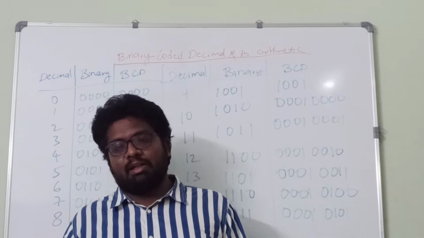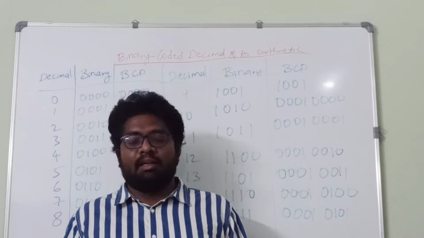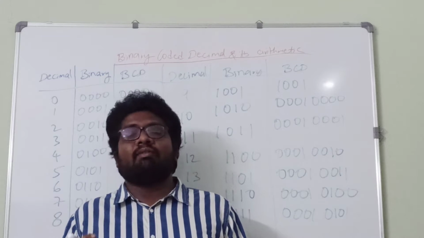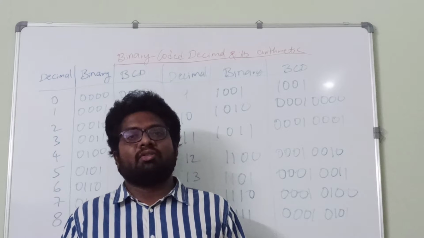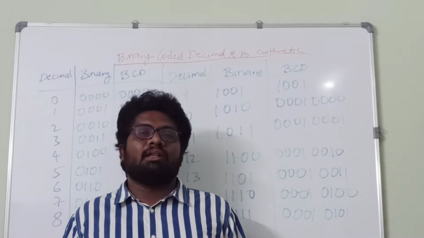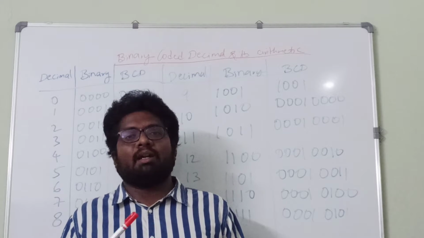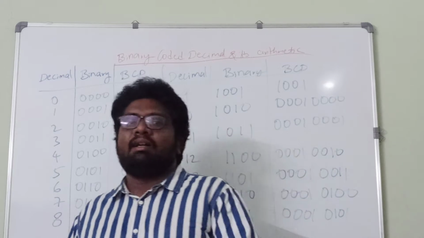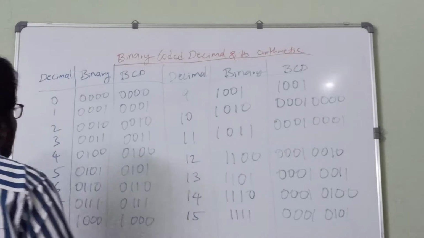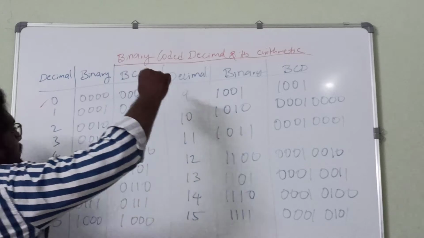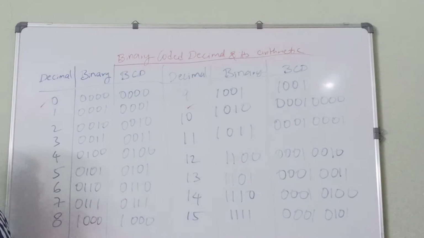The value of a decimal digit, we call it a nibble. Here, if the nibble is greater than 9, then it becomes an invalid BCD. Let us have a look at the difference table between the decimal number, binary number and BCD number. The decimal, binary and BCD values are the same from 0 to 9.